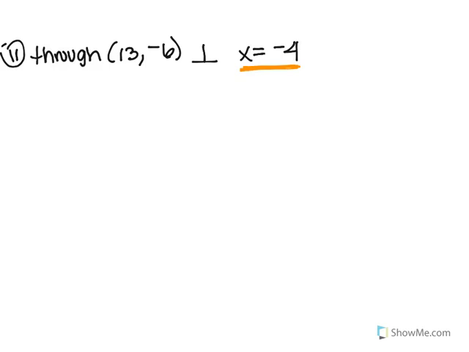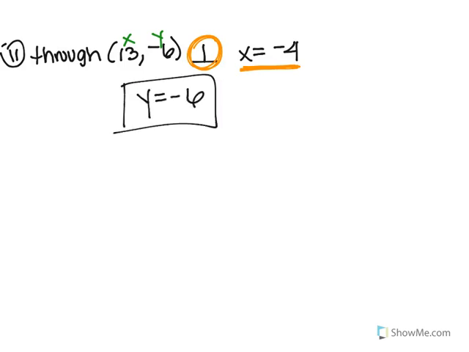Perpendicular means tell me the opposite special line. When I say opposite, I'm meaning the difference between a vertical and a horizontal. So if I'm saying perpendicular, I don't need it to be another vertical line. I need it to be a horizontal line. That would be the opposite of the other variable. And so that would just be y equals -6 is your equation.